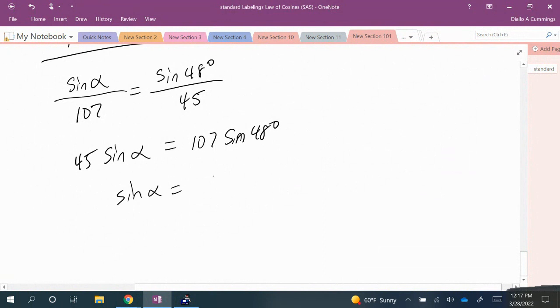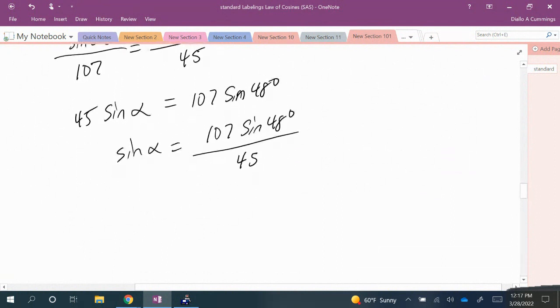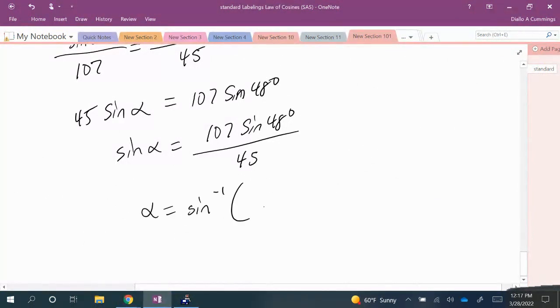So we have the sine of alpha is equal to 107 times the sine of 48 degrees divided by 45. And now I'm going to take the arc sine of both sides. So alpha is equal to the arc sine of 107 times the sine of 48 degrees divided by 45.